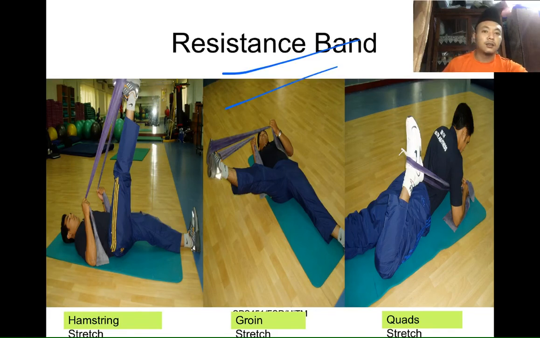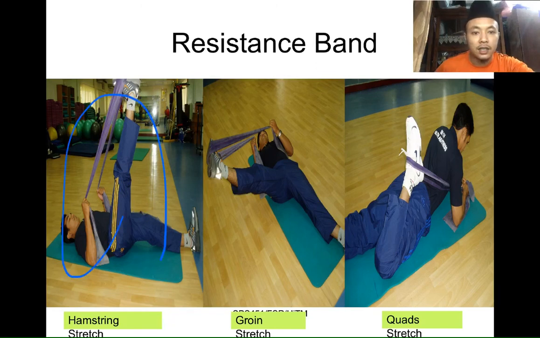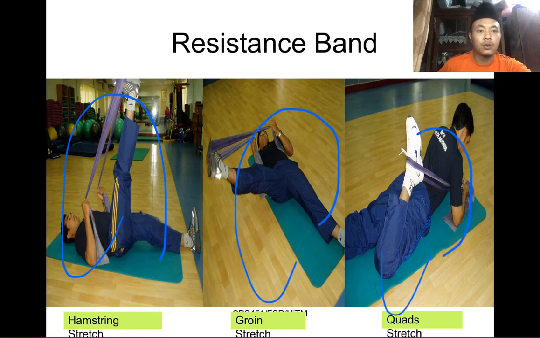Next slide is your exercise that you can do by using resistance band, or kita panggil TheraBand, ada juga orang panggil TheraBand, resistance band, that you can do some stretching and also exercise. The first photo here is hamstring stretch, groin stretch, and the last one is quadricep stretch.